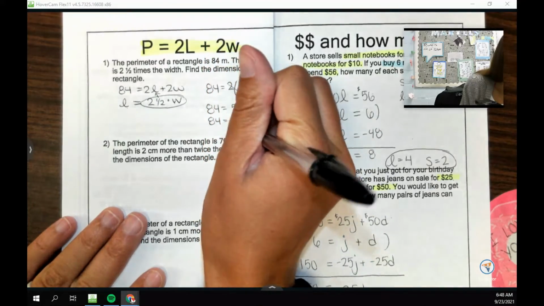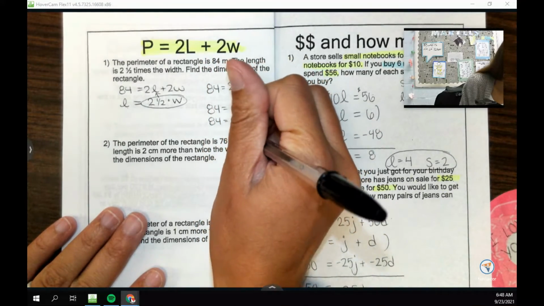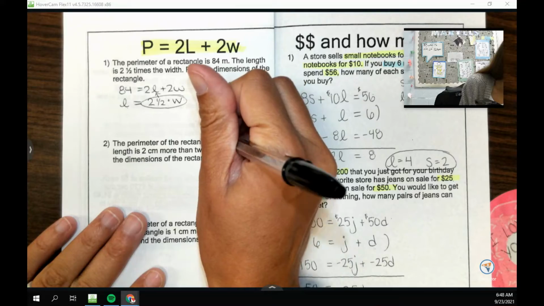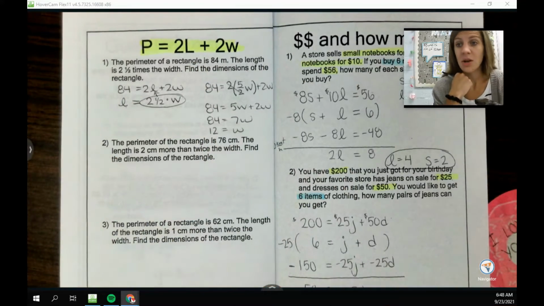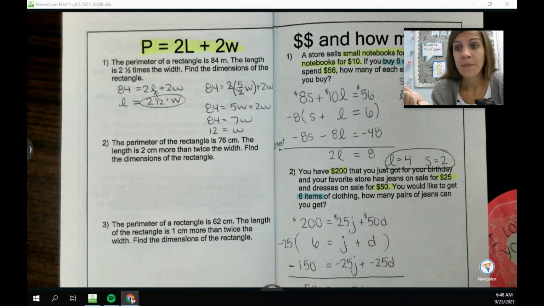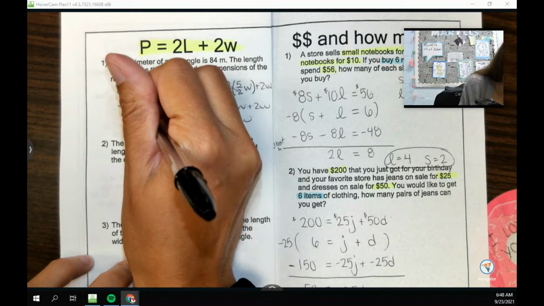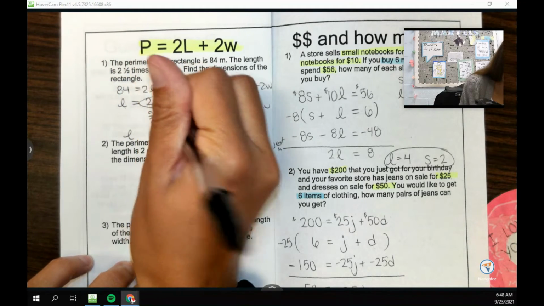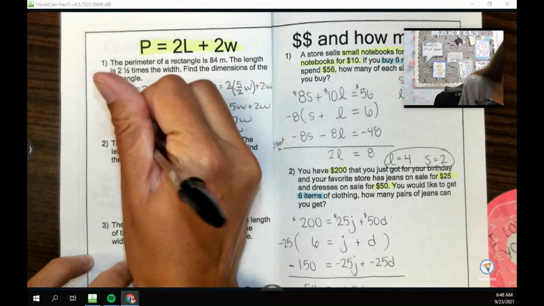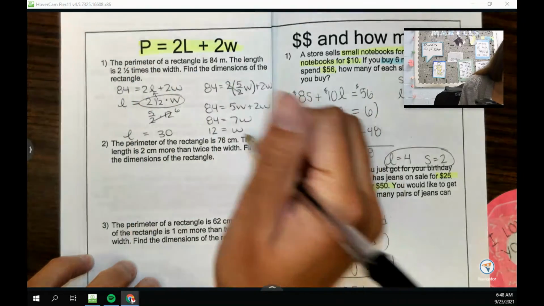So 84 equals 7W. And then I can divide. So W equals 12. So that tells me that the width of the rectangle is 12. And I also know that the length is 2.5 times that, so 5 over 2 times 12, which I can cross cancel and get that the length is 30.